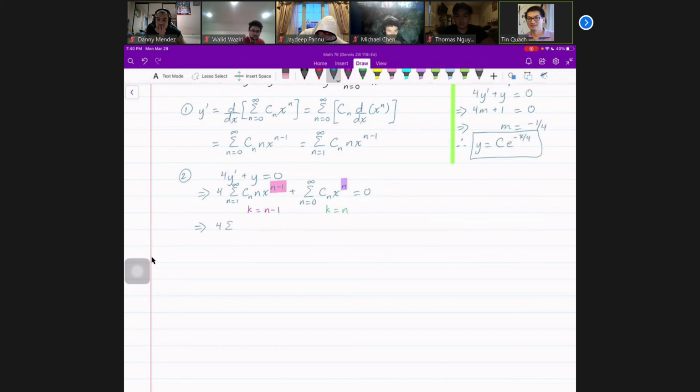When n is equal to 1, k is 0. When k is equal to n minus 1, n is equal to k plus 1. And then x raised to the kth power. So that is my first series. And then for the second series, k is the same as n, so I just replace n with k.